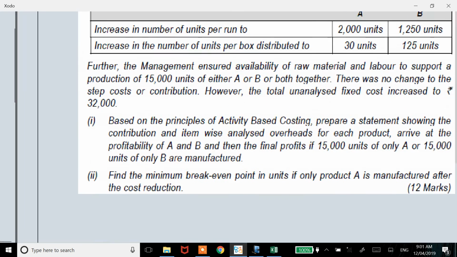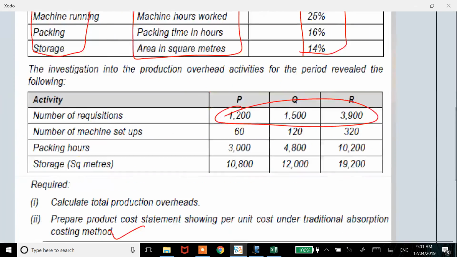Go through question number 14. There is something on BEP.